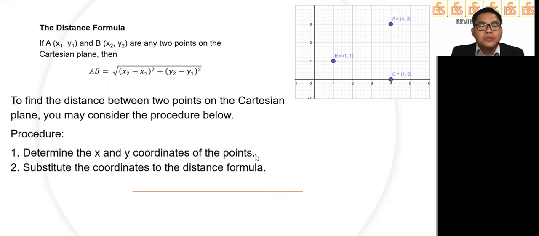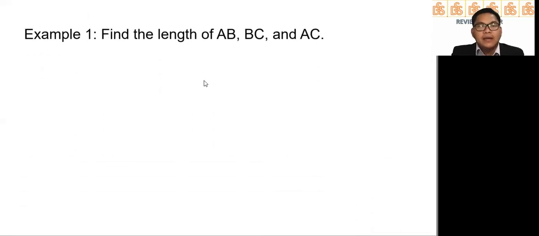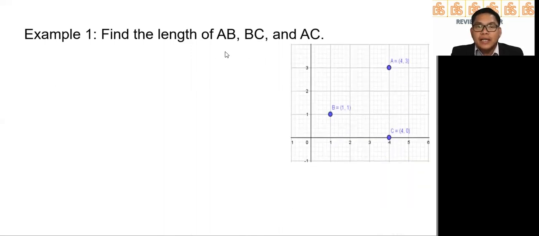Number two, substitute the coordinates into the distance formula. And finally, simplify your answers. All right? So let us say we are to solve for the length of AB, BC, and AC. Let's start with AB.